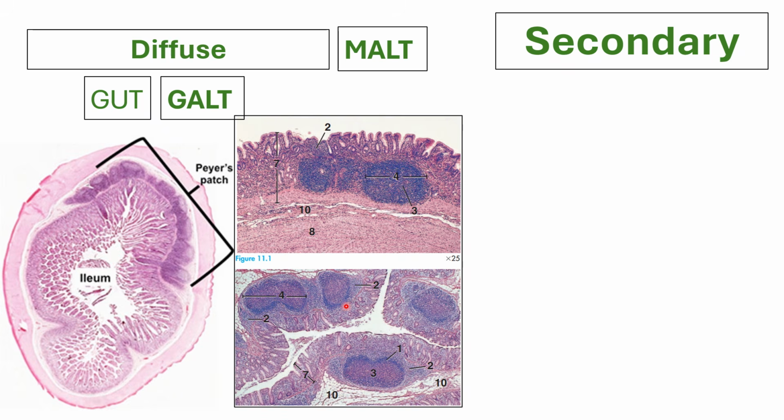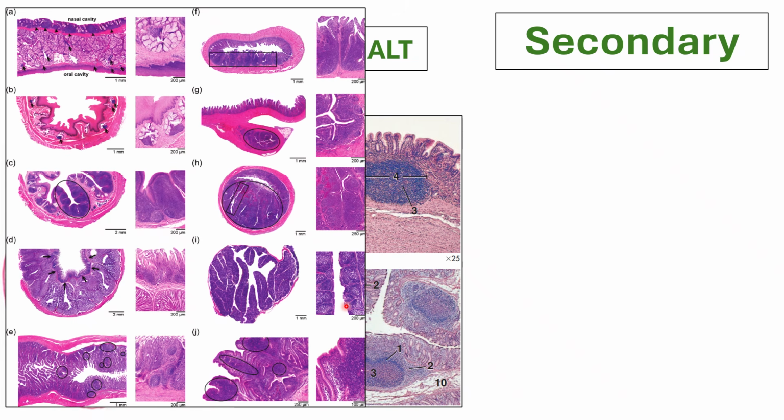So I hope by now you realize that whenever you see a clump of blue staining, highly nucleated cells, you are most probably looking at lymphoid tissue, and that this lymphoid tissue is ubiquitously distributed across the different surfaces of the body, aside from the filtration areas, that is your lymph node and your spleen.